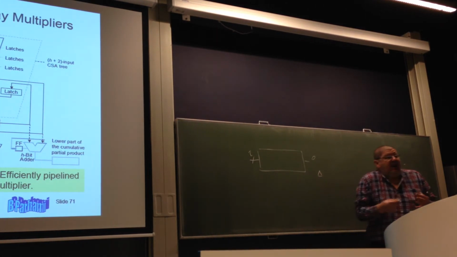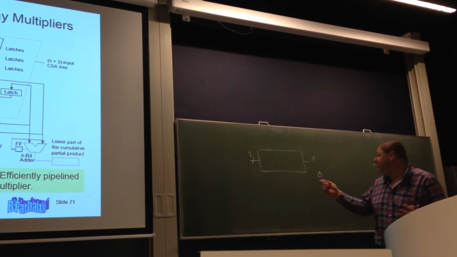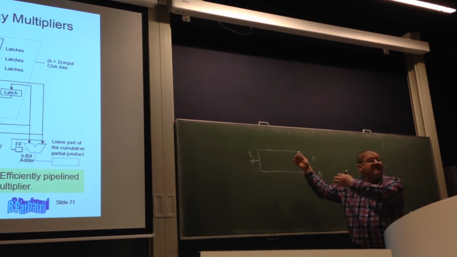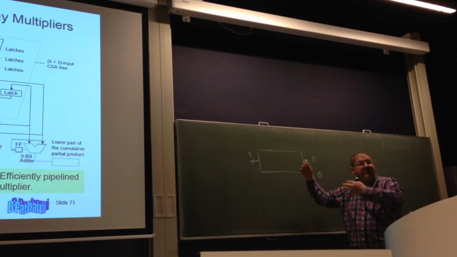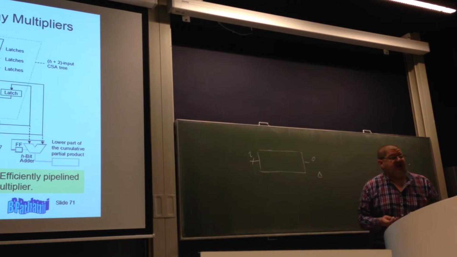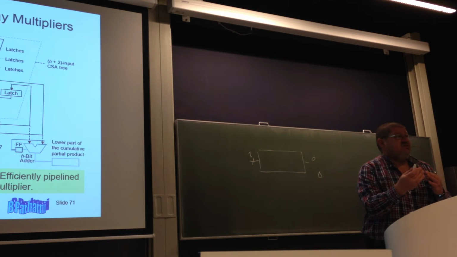If you want to do the calculation faster, you have two solutions. One is to work on the design, on the structure of the circuit, to allow the calculation to happen faster. That's one approach, where you try to diminish the latency of the circuit.